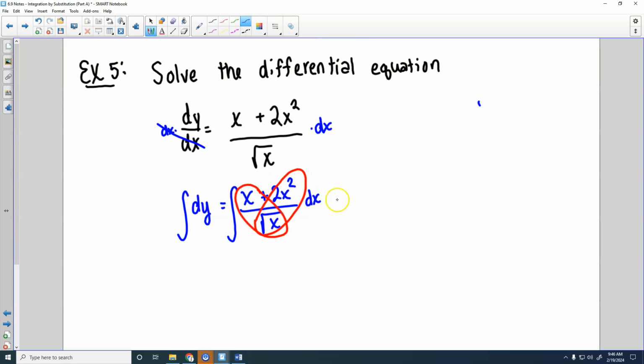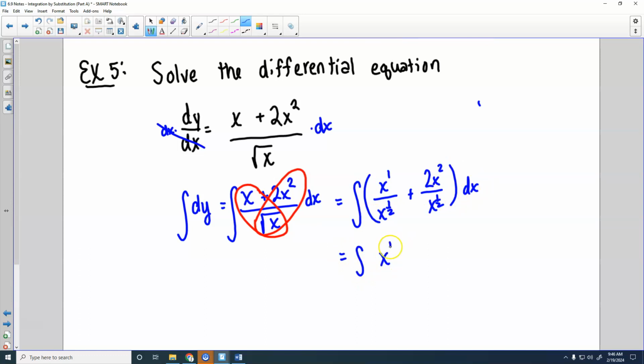If you're doing your love connection here, you have x to the first over x to the 1/2 plus 2x squared over x to the 1/2, which is going to give you x to the 1/2 plus 2x to the 3/2.